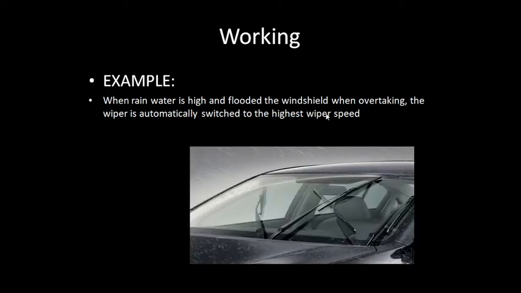I have taken an image which will describe this. The wiper speed will change according to the sensor instructions, and the sensor instructs according to the intensity of the rain. If rain is heavy, the wipers will move at a fast pace, otherwise at a slower rate.